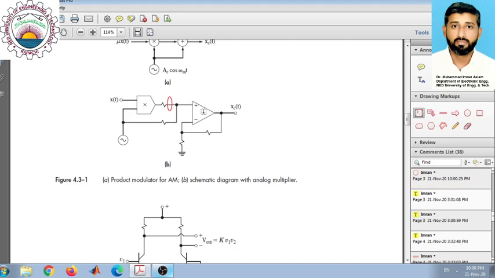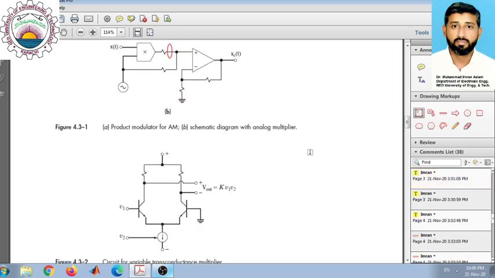This op-amp part would not be required because we do not need the addition of the carrier wave at that side. So for DSB generation we only need to use this product term.